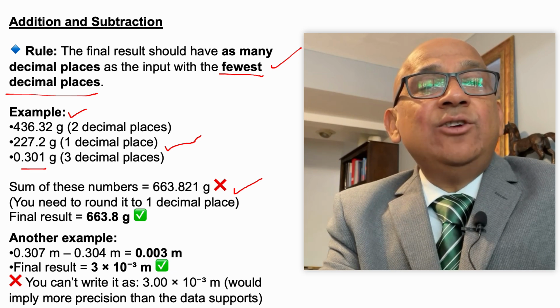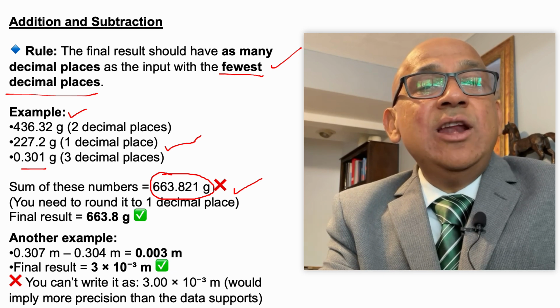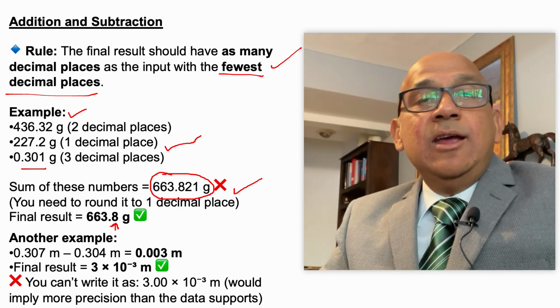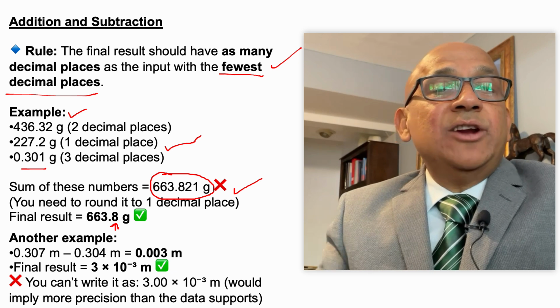So, it is not right to write your result with so many numbers after the decimal. You should write only till 1 decimal point. So, it will be 663.8 gram.